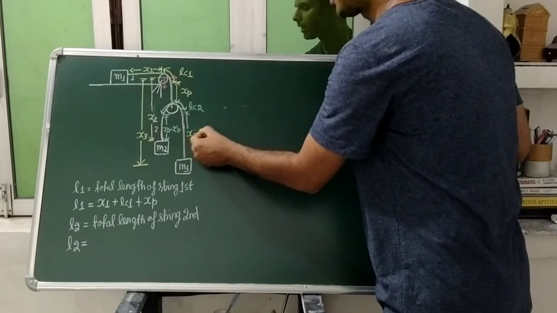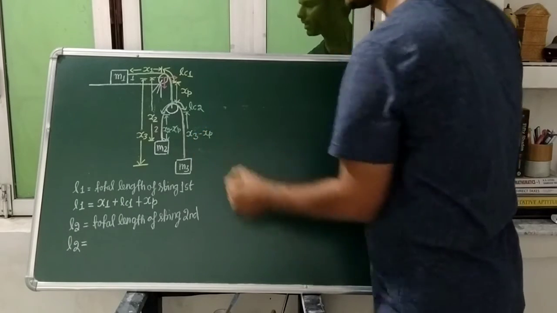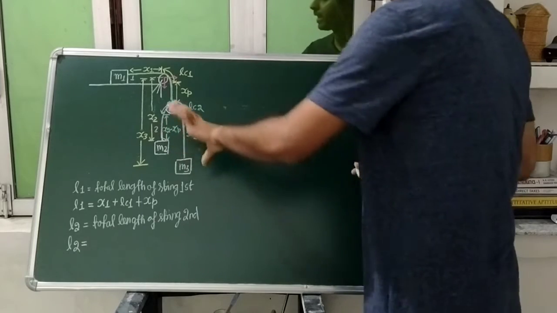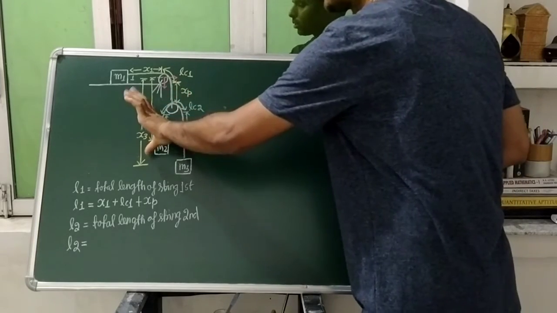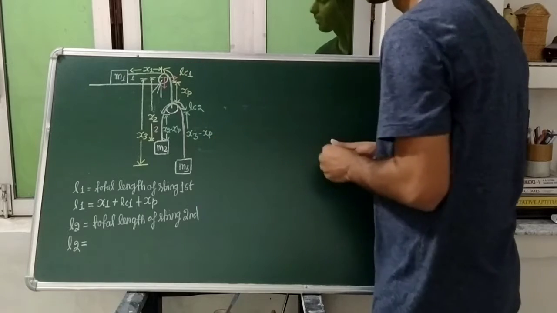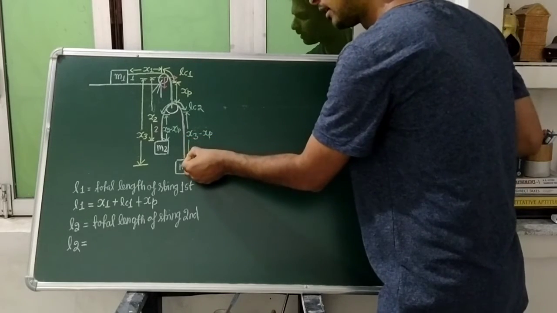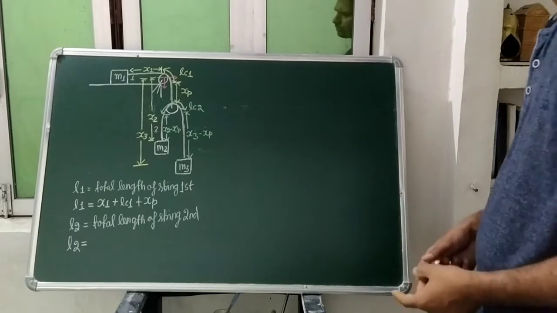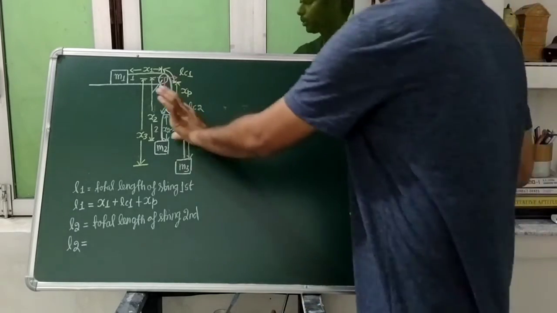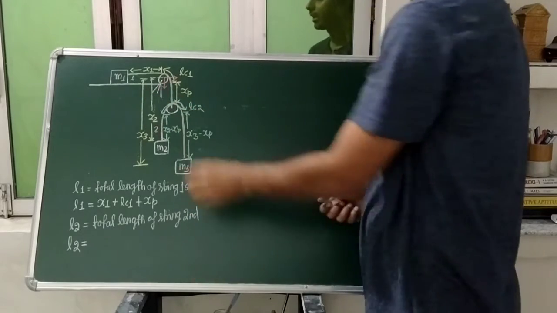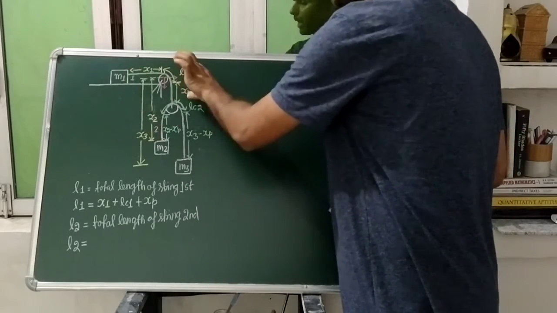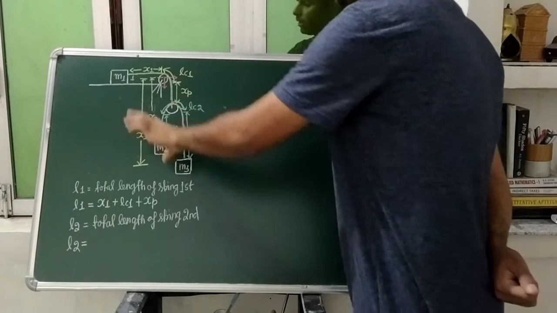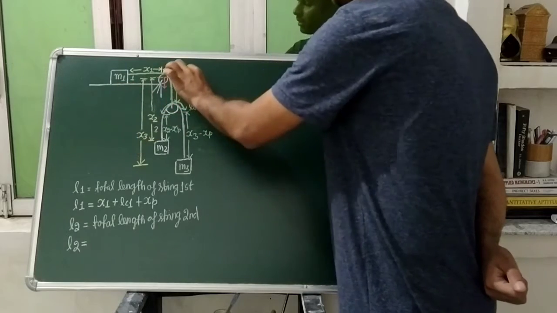If I subtract this xp length from this x3, what will I get? This length. X3 minus xp will give us this length. I think it is clear to everyone. What have we done? Nothing. If you want to know this length, I can write x2 minus xp, and if you want to know the length present here, I can write x3 minus xp.